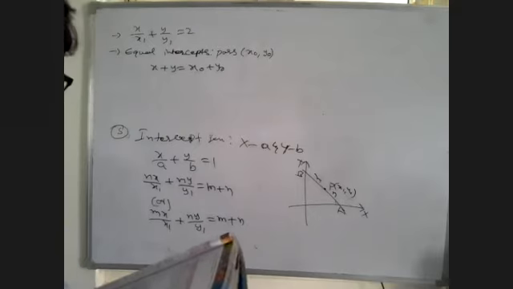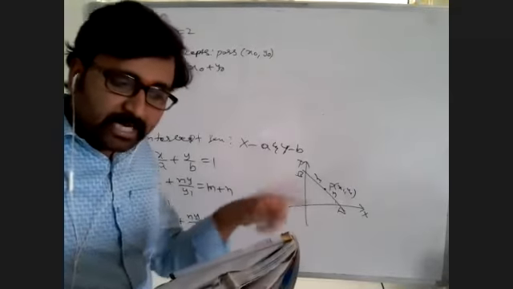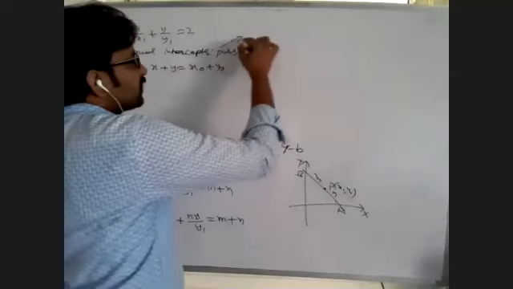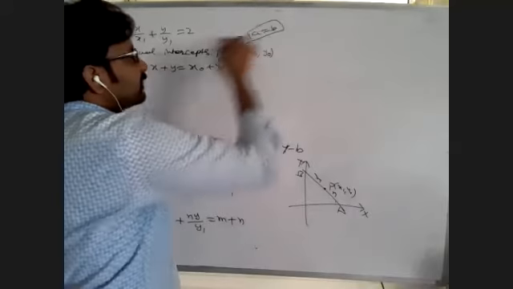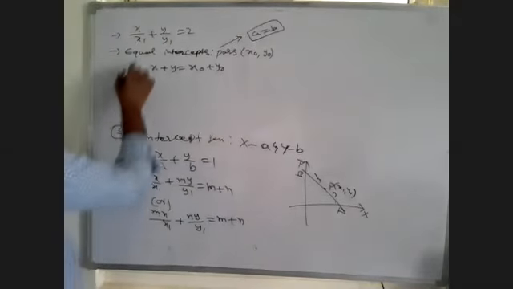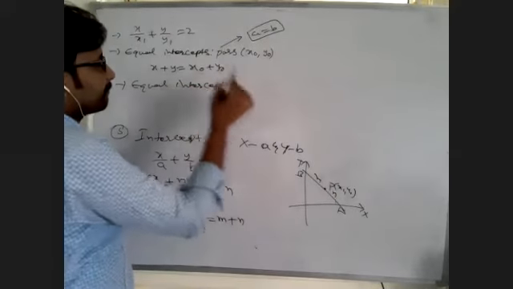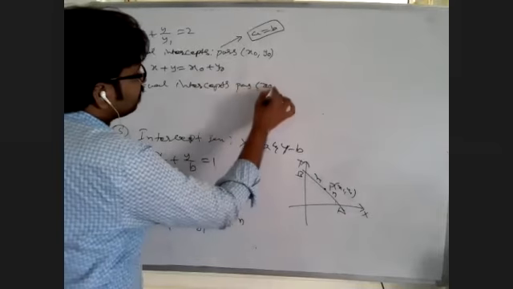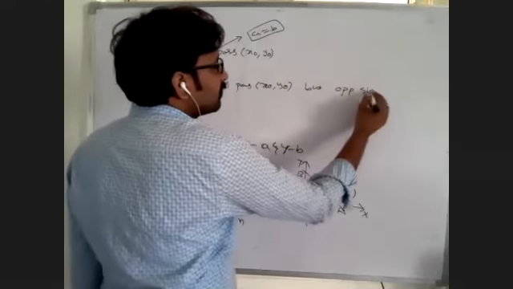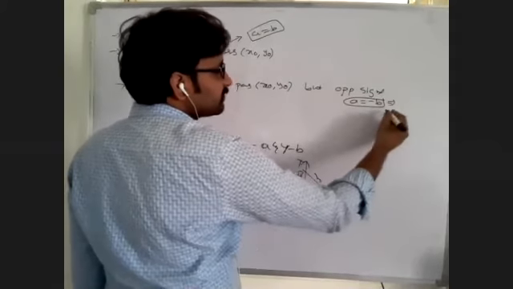Next one, equation of the line making equal intercepts in magnitude but opposite in sign. For equal intercepts, the condition is a equal to b. For this next one, equal intercepts and passing through the point also, but opposite signs, that means a is equal to minus b.